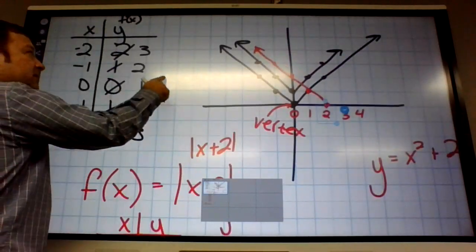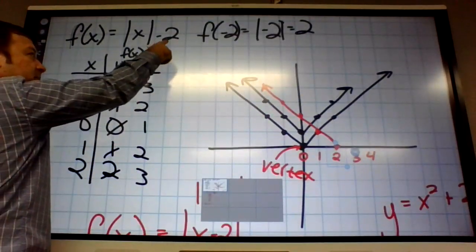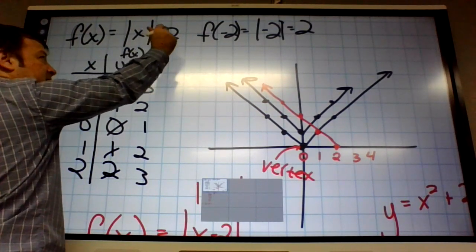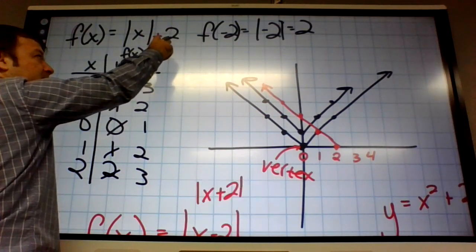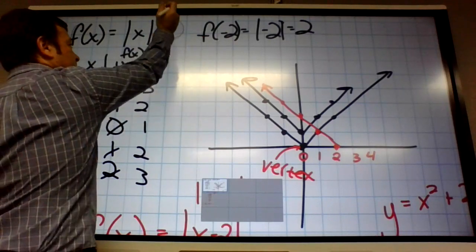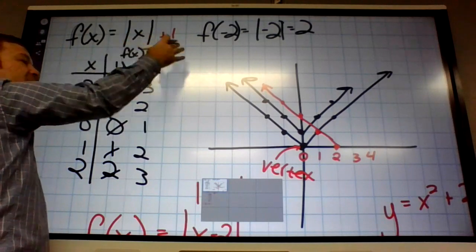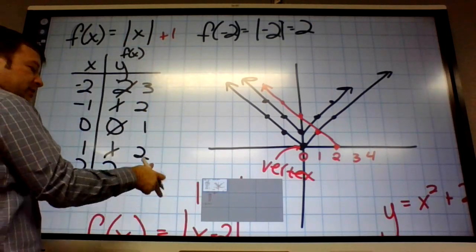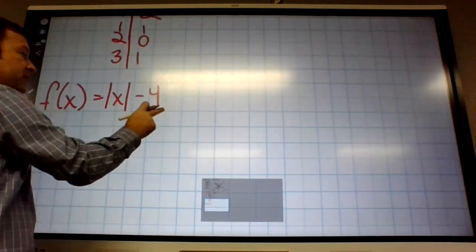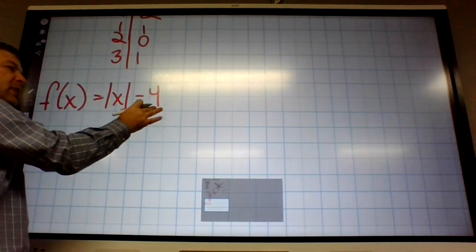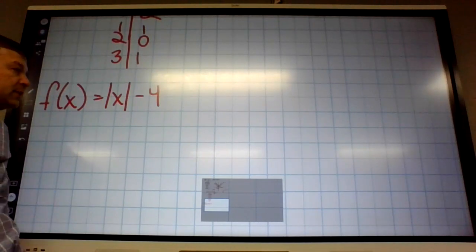This was like our first thing here. Remember what that did to it? Originally it was a +1, and that moved it up 1. When it's not on the x, it just moves the graph up or down. So this -4, it's not directly on the x, it should move the whole graph down 4.